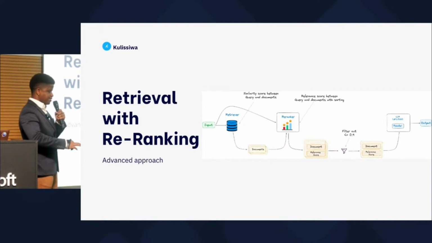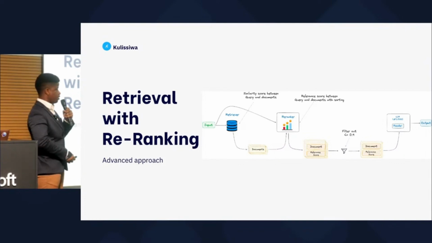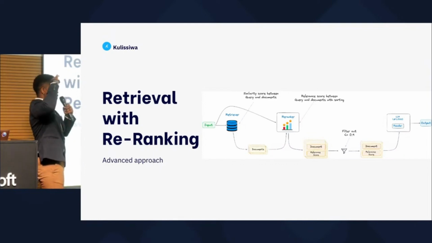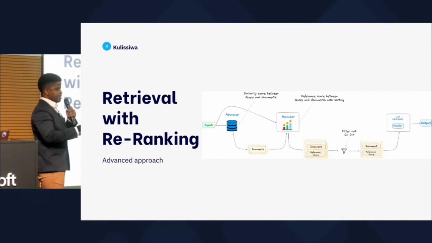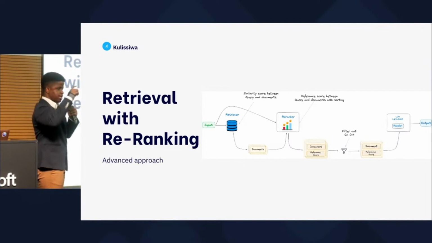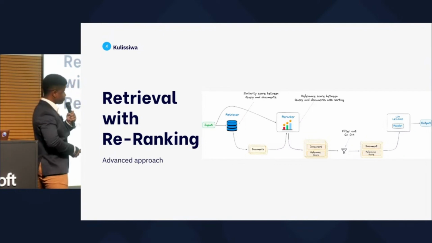The re-ranker is basically an LLM that takes the query, checks the documents, and gives a relevancy score to each document. Then you can use that relevancy score to filter out some of the documents so that only the top relevant documents are returned. This way, if the user asks a question, it doesn't get 10 sources, it only gets like 1 or 2 sources that are relevant to the answer.